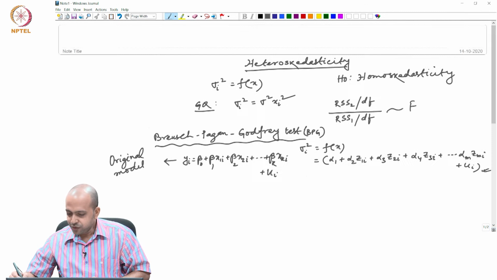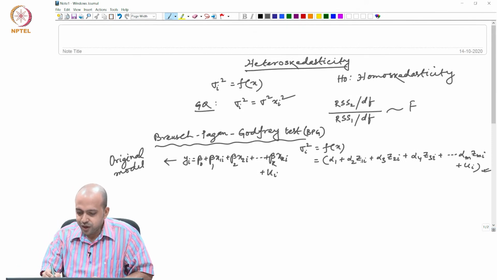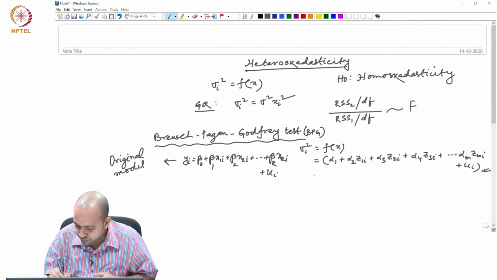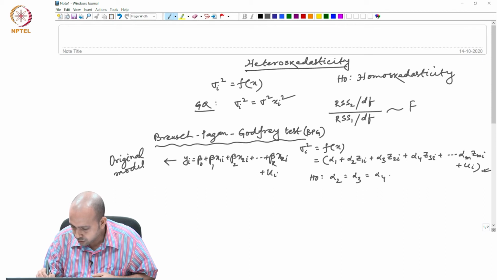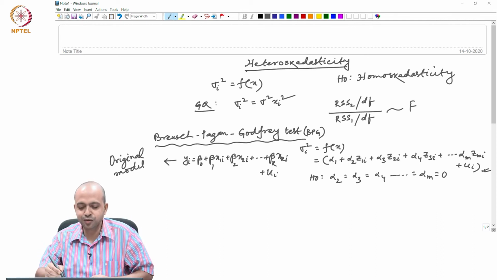Similarly, in terms of the previous model, if you say sigma square I, from here what I am testing is alpha 2 equals alpha 3 equals alpha 4 equals alpha m equals 0.